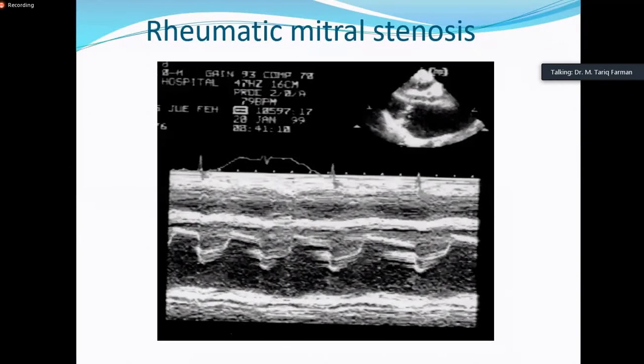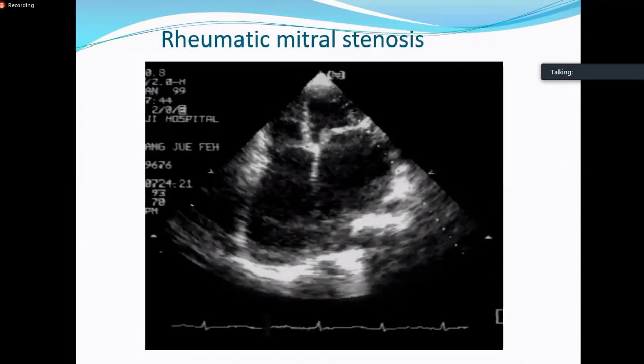This is M mode, and this is the 4-chamber view of the rheumatic mitral valve stenosis. In this 4-chamber view, this is the left ventricle, this is the right ventricle, this is the left atrium, and this is the right atrium.